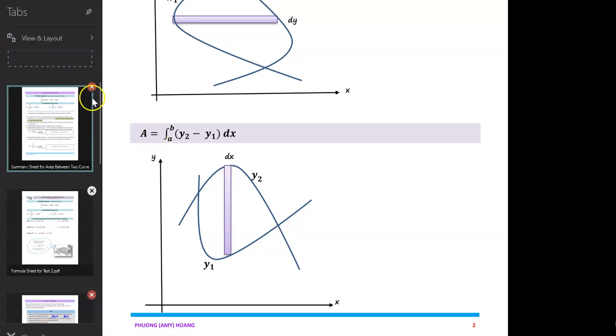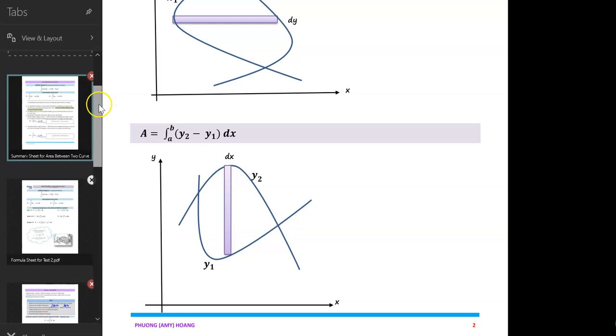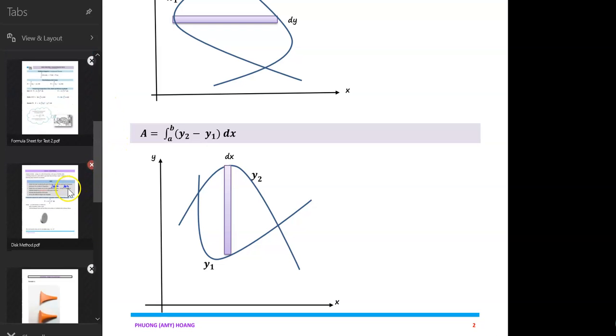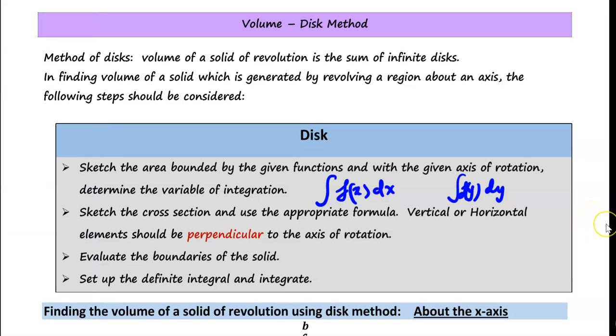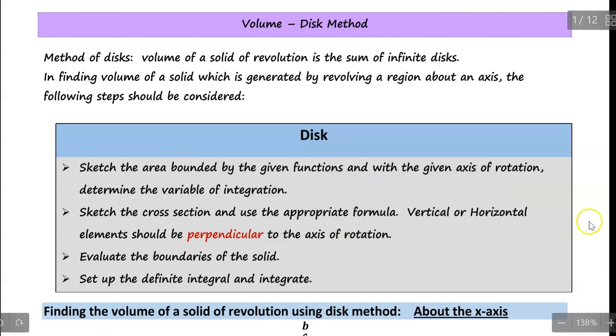Let me go back to our lesson, and I am going to show you how the element works in this case. Let's erase this, because this explains that given the axis of rotation, dx or dy will determine the variable of your integration.